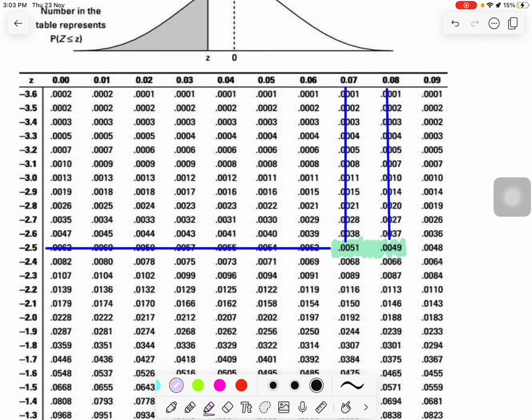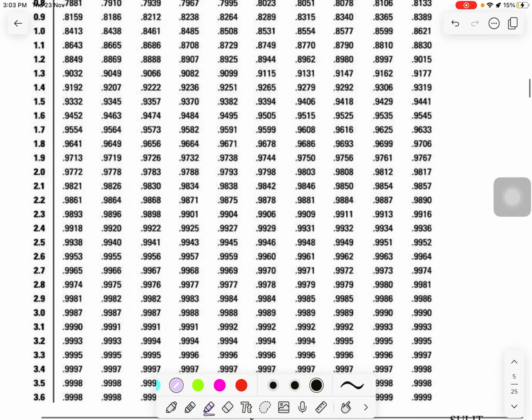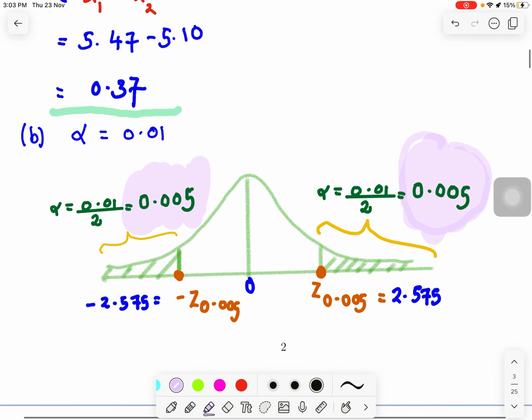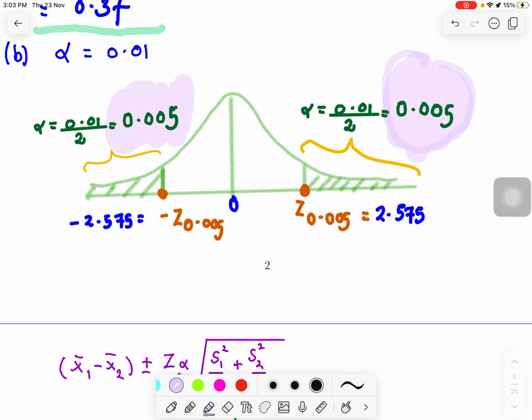So like I told you before, the answer will be negative 2.575. So that's our critical value, negative 2.575. Why do we set that as a critical value?